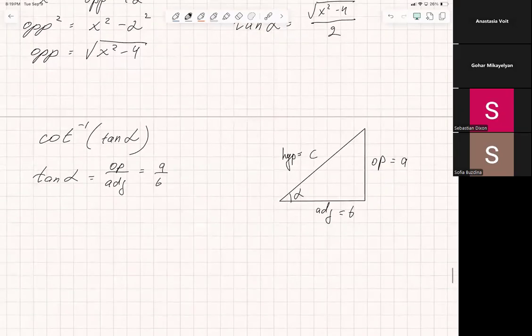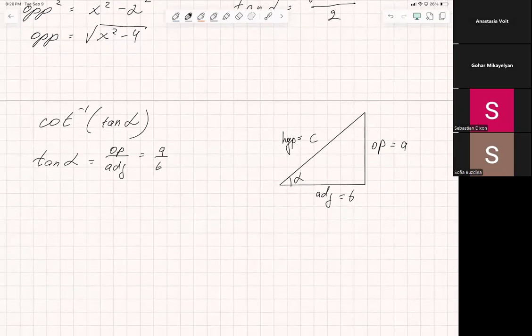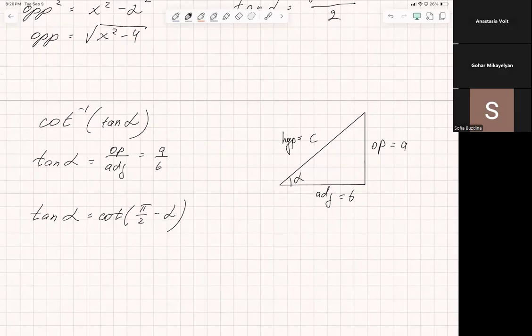Now you need to remember this identity: tangent alpha is equal to cotangent of pi over 2 minus alpha. Where does that come from? Remember that the sum of all the angles in the triangle is 180 degrees.